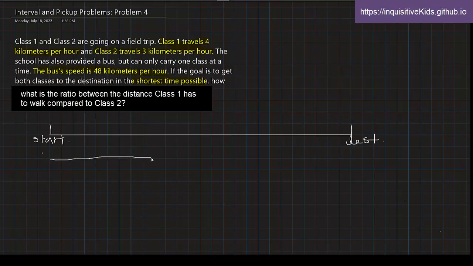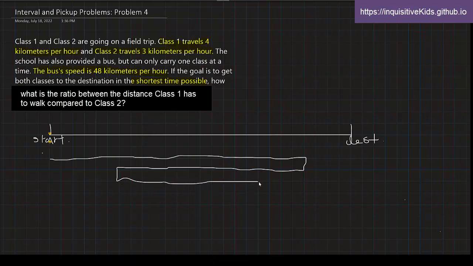Say it first picks up Class 1 and then drops them off over here, goes back, goes over to Class 2, and then comes back. By the time they drop off Class 2, both Class 2 and Class 1 are already at the destination. So this is what the bus would look like when traveling.